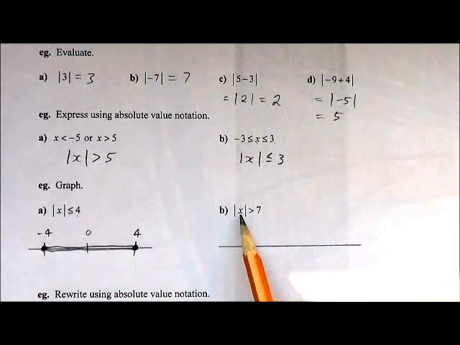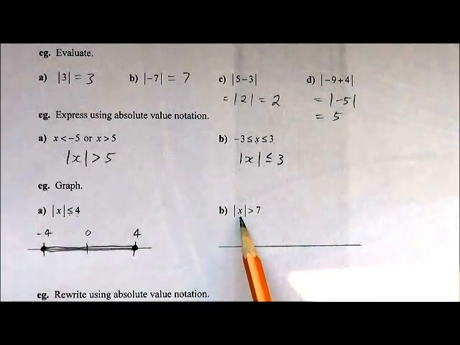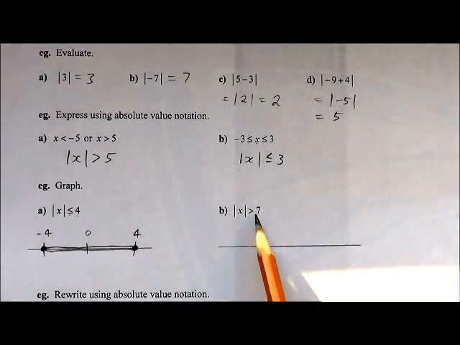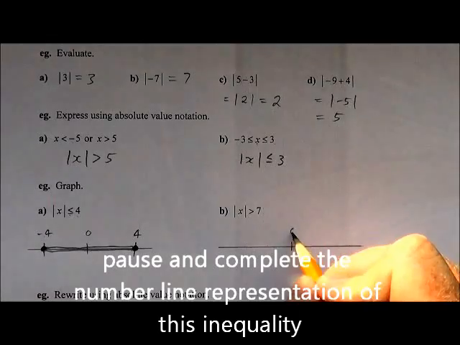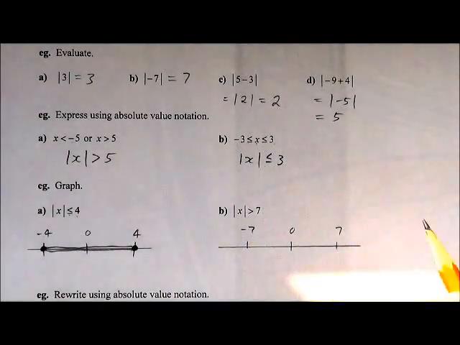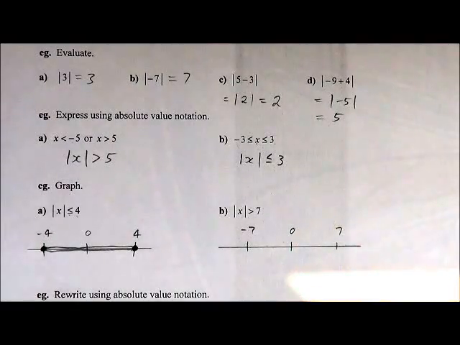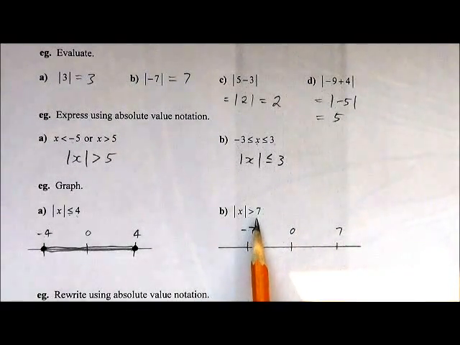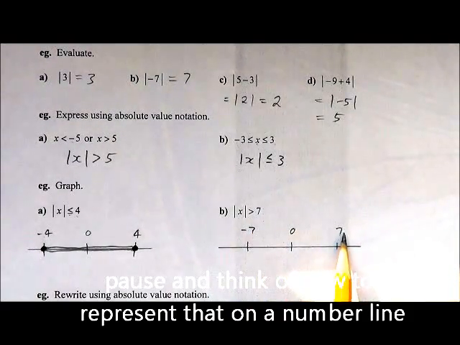Then when we go to B, absolute value of x is greater than 7. Again, we start off with the origin. We mark 7 and negative 7. And if it's greater than 7, well, it's easy on the positive side.